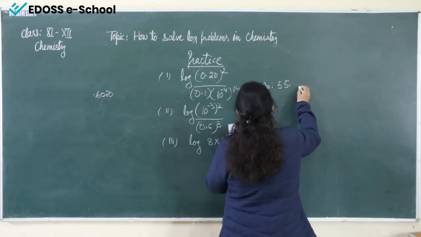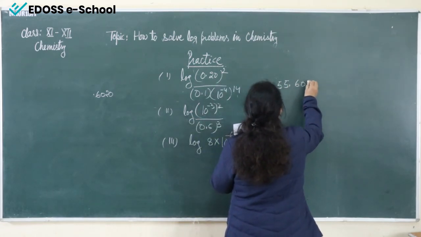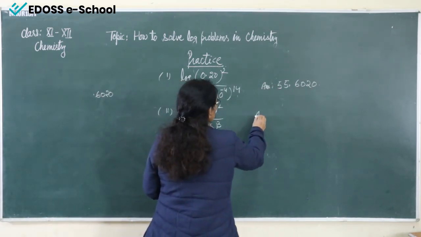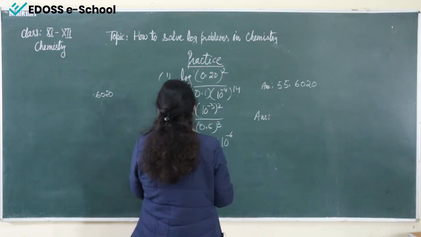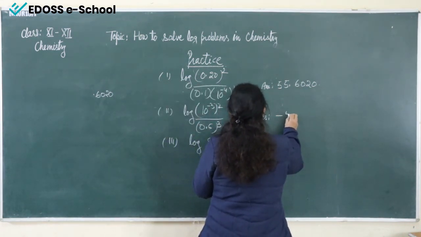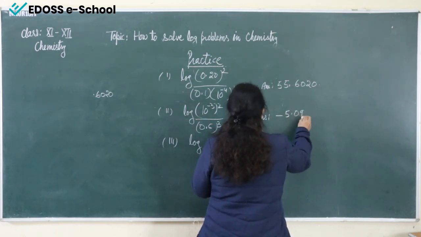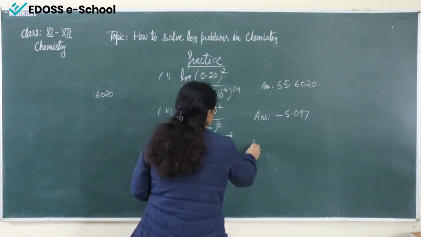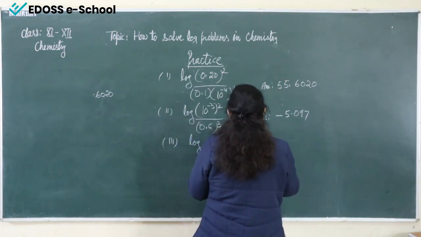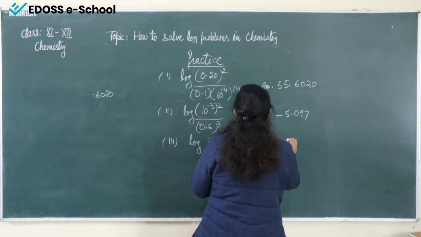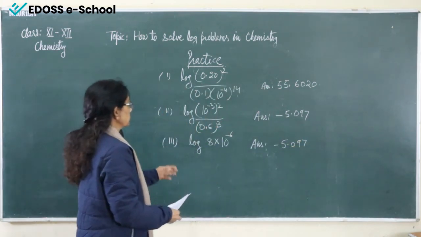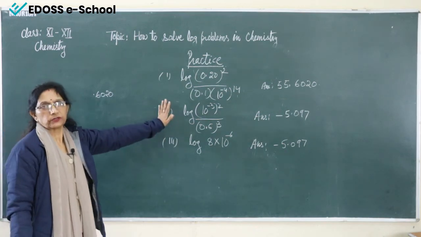And the answer of the second question is coming minus 5.097, and the answer of this question is minus 5.097. You can see both questions have the same answer.